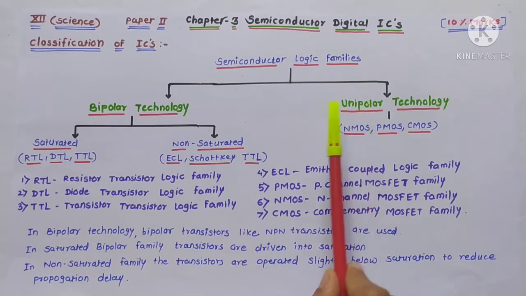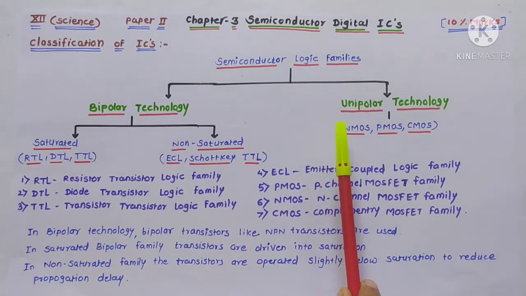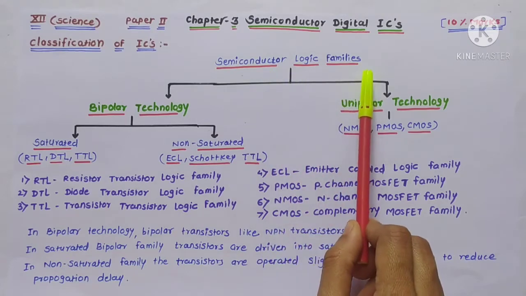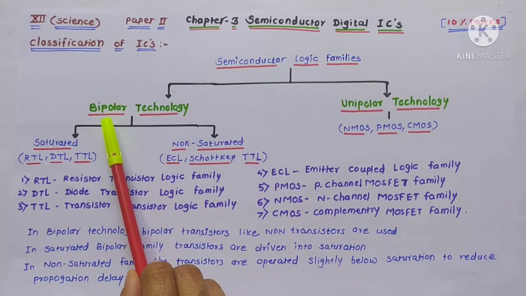These digital ICs can be classified according to the semiconductor device which is basically used as the main block in the manufacturing process of microprocessors and other ICs. These ICs are classified in two groups. Students, you can see this tree diagram. Semiconductor logic families are classified in two groups.